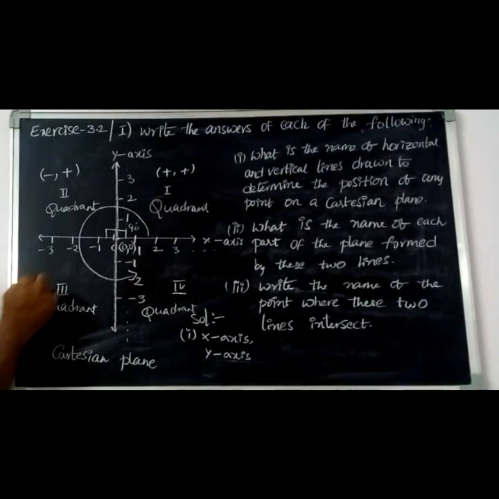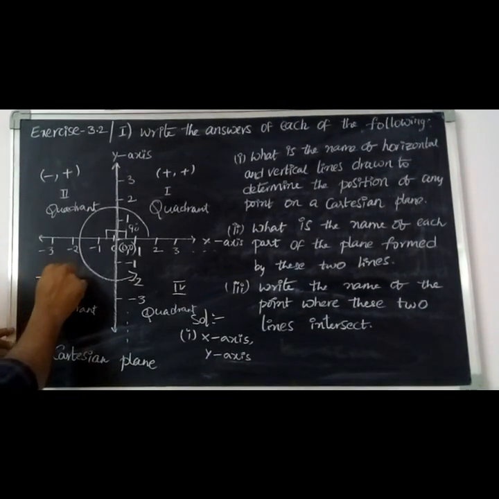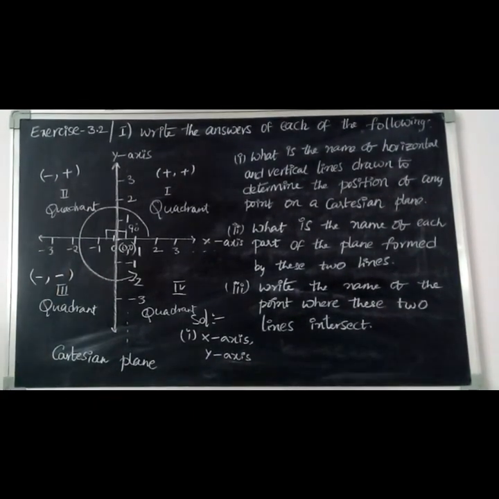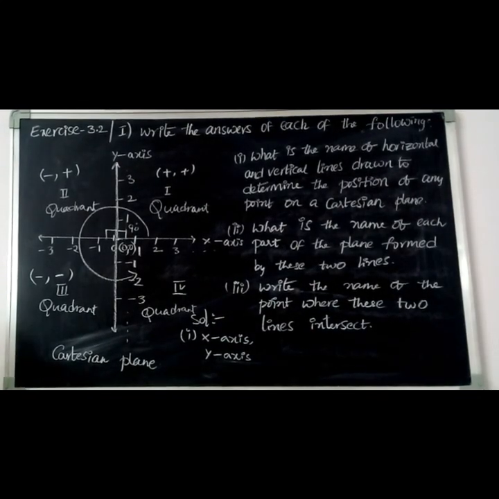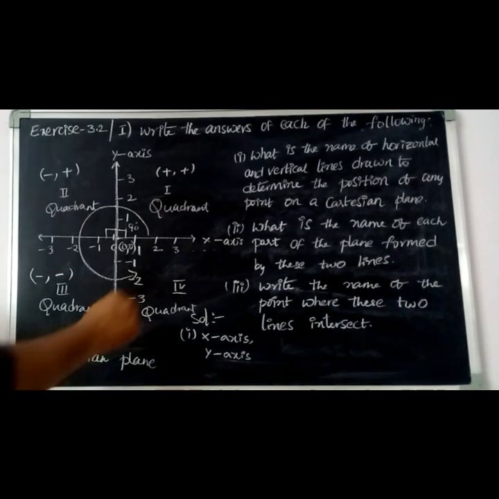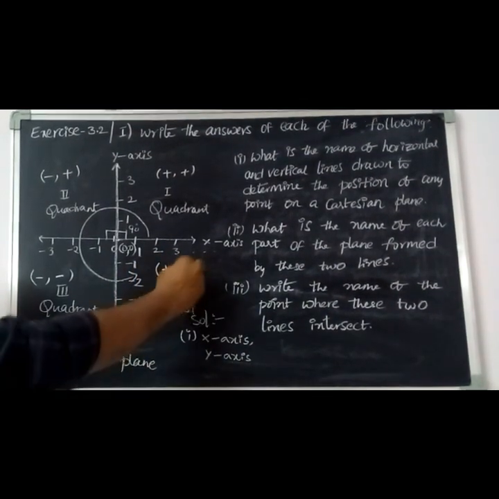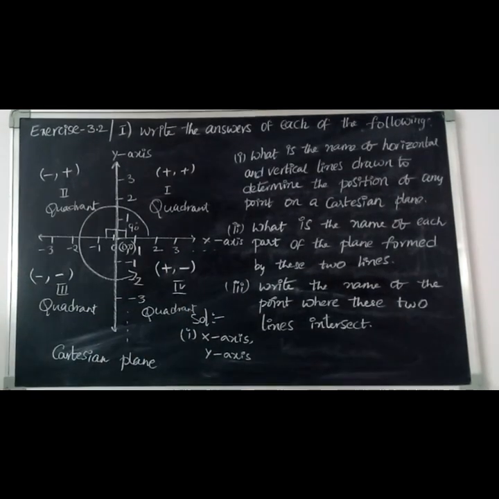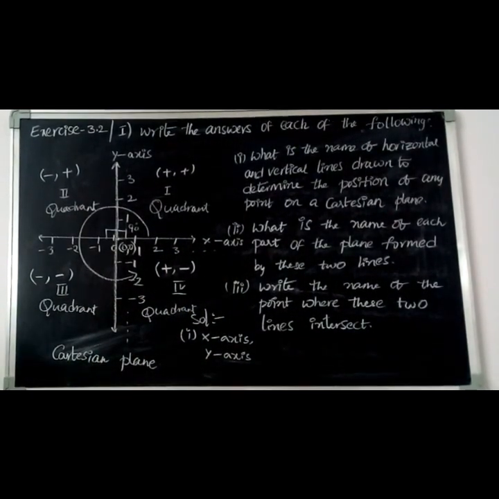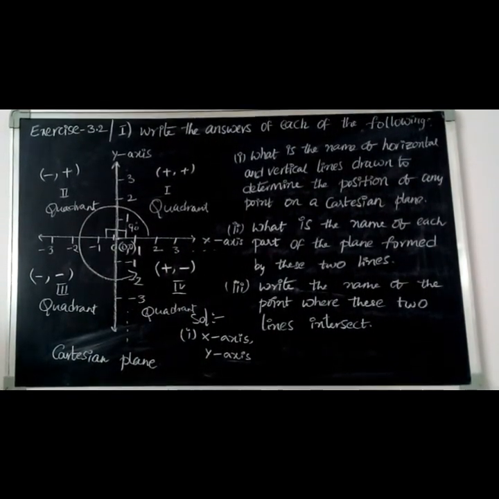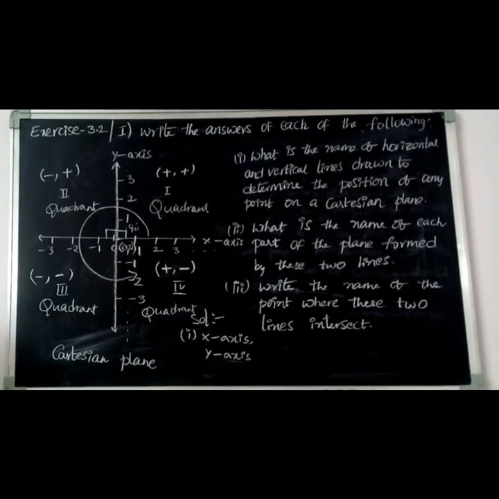And in the third one, both values will be negative: the x coordinate is negative and the y coordinate is also negative. In this one, the x coordinate is positive and the y coordinate will be negative. By just seeing the point, we can say which quadrant it lies in, whether quadrant 1, 2, 3 or 4.